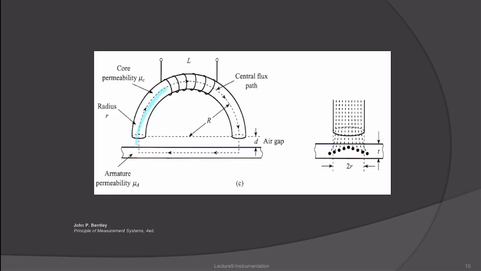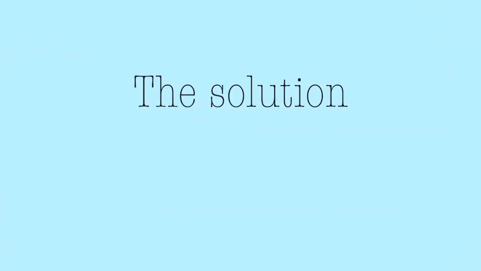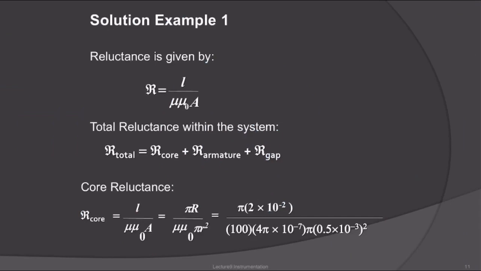The central flux path here is actually a pathway of magnetic field to create a closed circuit. It is like a magnet that creates closed circuit magnetic field from north to south. So the solution for this problem can be solved by calculating the reluctance for the system. And from there, we can get the inductance value.